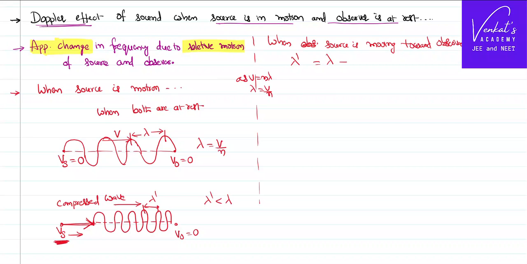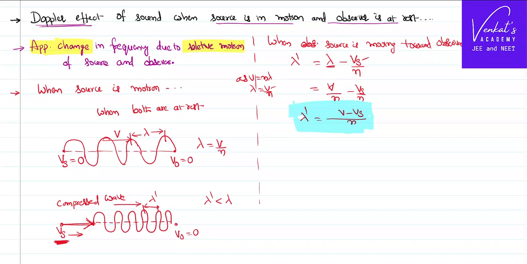And for the wavelength reduction because of the velocity of the source, in the place of V, I need to write the velocity of the source, Vs. So the reduced wavelength is V by n minus Vs by n. So n is common, V minus Vs. So the new wavelength in this case is (V minus Vs) by n.